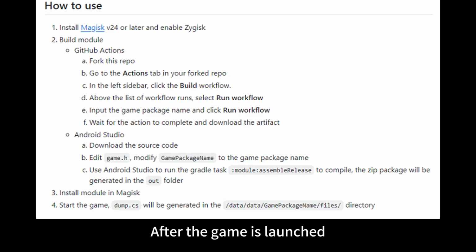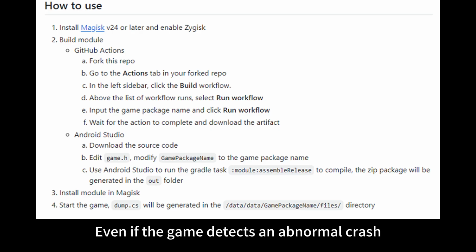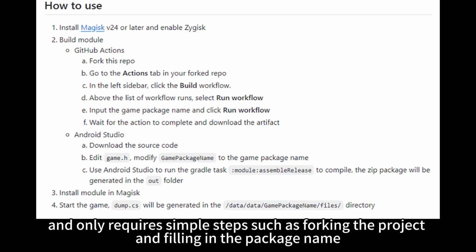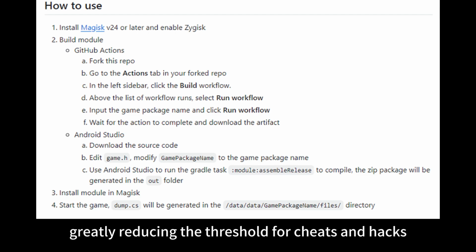After the game is launched, dump.cs will be automatically generated in the directory. Even if the game detects an abnormal crash, it will not affect the acquisition of dump.cs. JikGuard Il2CppDumper uses GitHub Actions, and only requires simple steps such as forking the project and filling in the package name to reverse engineer the code, greatly reducing the threshold for cheats and hacks.